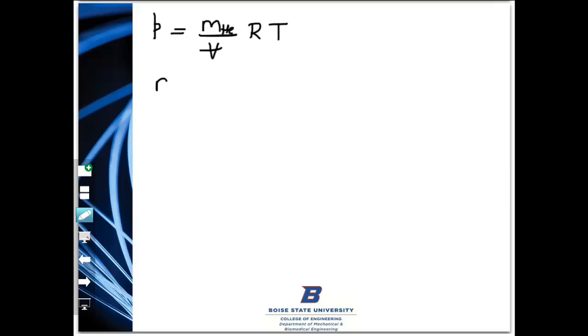So from here I can write the mass of helium as pressure times volume over R times T. So your final answer should be 668 pounds. It's really that simple. You just have to make sure you convert everything to the right units and see if you get this answer. So that's a good exercise for you. Let's move on to the next problem.